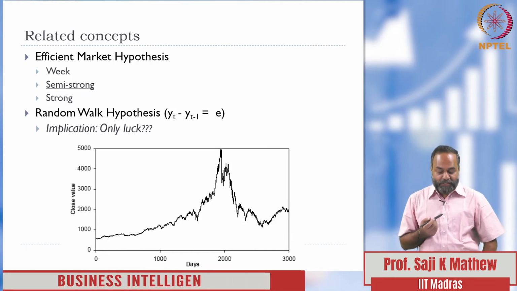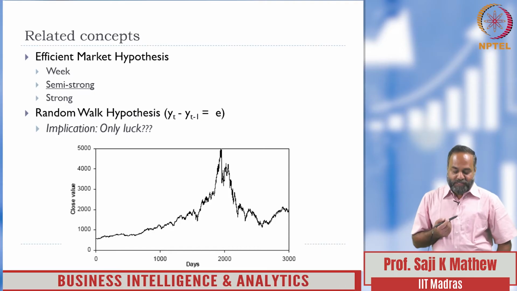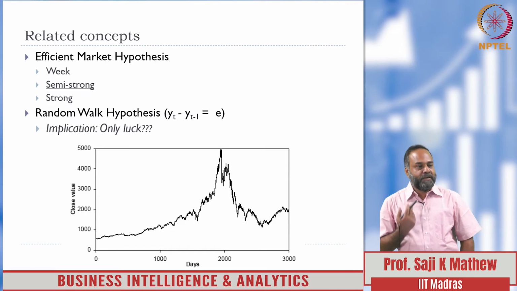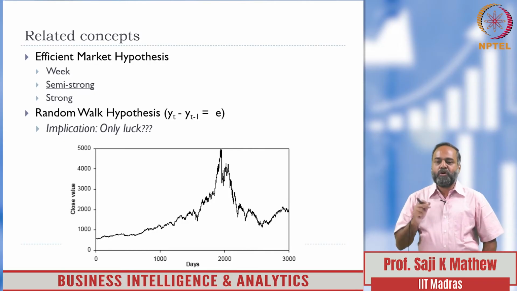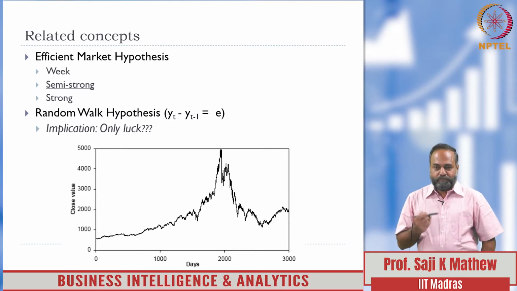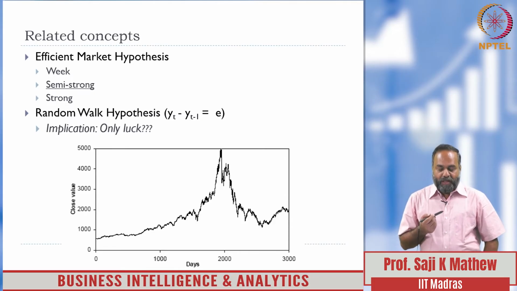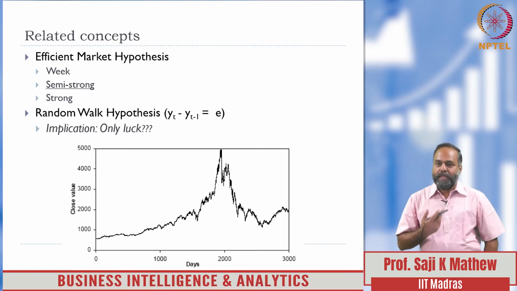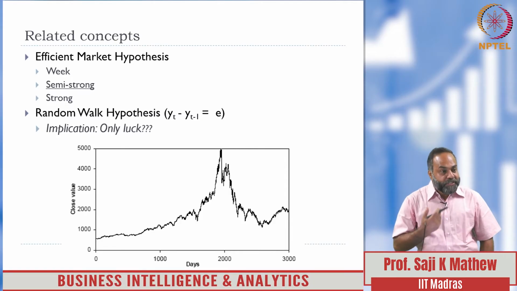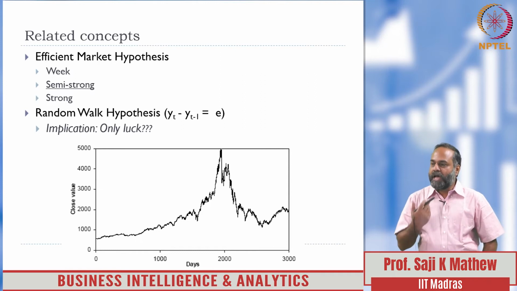One is the EMH, efficient market hypothesis, which categorizes every stock market into three categories: weak, semi-strong, and strong forms, based on how efficiently information flows within the market, within the actors of the market.